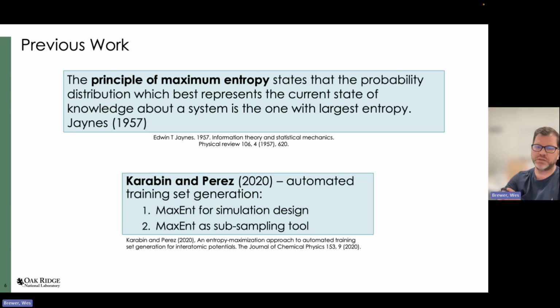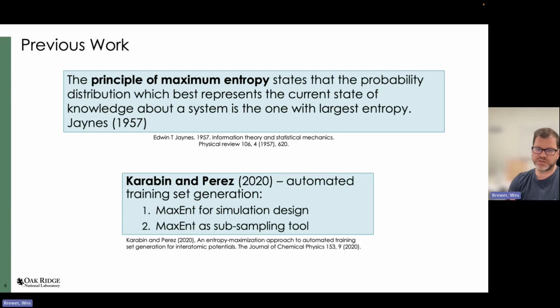What they mention in their paper is two types of applications for maxent. One is using maxent for simulation design, so to figure out the optimal set of simulations that you want to run.